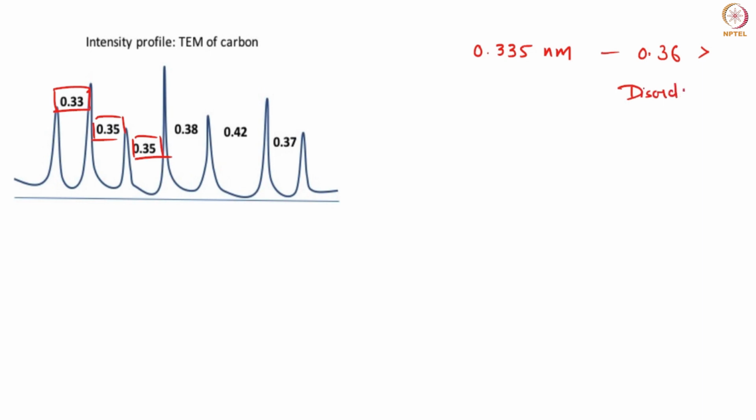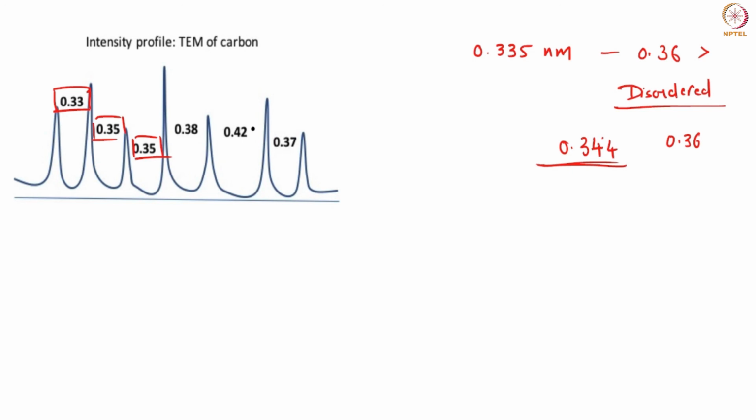Now, why I'm saying so, if you remember that turbostratic carbon, disordered carbon, at some point I told you that 3.44 angstrom or 0.344 nanometer is the limiting value. Well, first of all, that value has also been debated to some extent, and it is acceptable that up to 0.36 nanometer you can still call it disordered, or you can call it turbostratic carbon. However, there is also one additional factor.